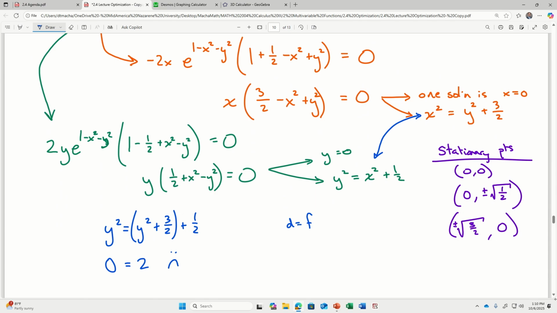We've got to take the second partial with respect to x, the second partial with respect to y, and then the mixed partial. Right?